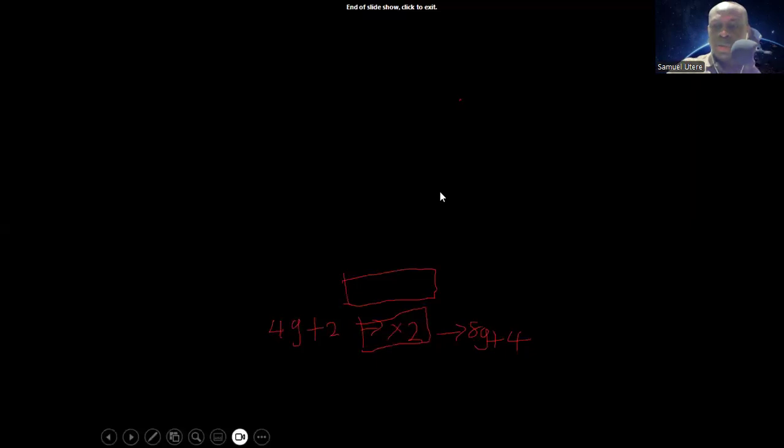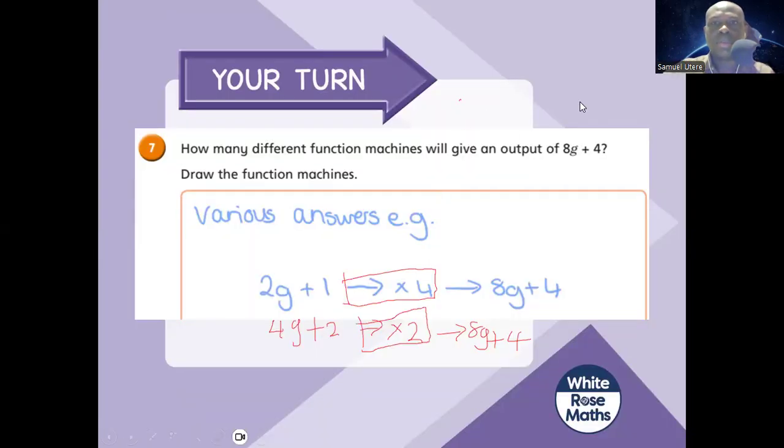So that brings us to the end of our lesson. So what have we learned so far? We have learned in this lesson that we can use algebraic terms and algebraic expressions on single function machines to get an output.